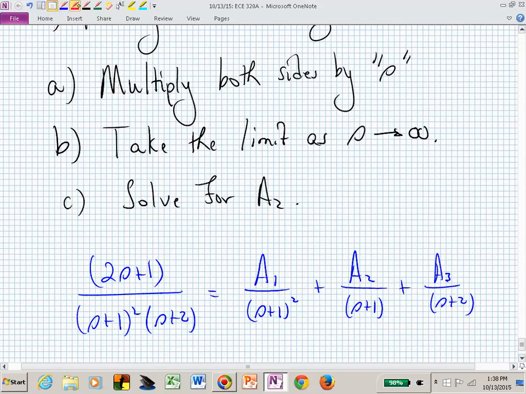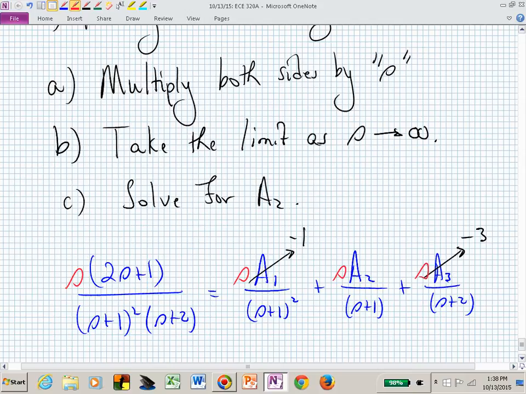I'm going to go ahead and assume that I have determined a sub 1. That was minus 1, and a sub 3 was minus 3. I have that expression. Now I'm going to do a limiting argument to try to find a sub 2, and that was to multiply everything by s. There's the s. That's step A.